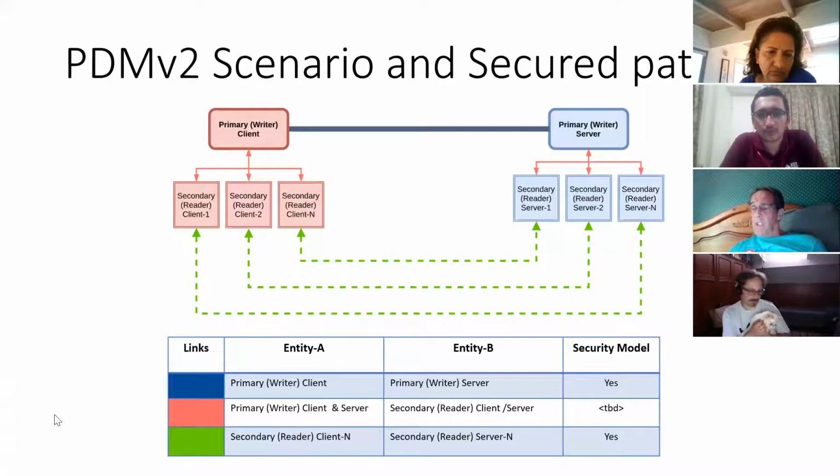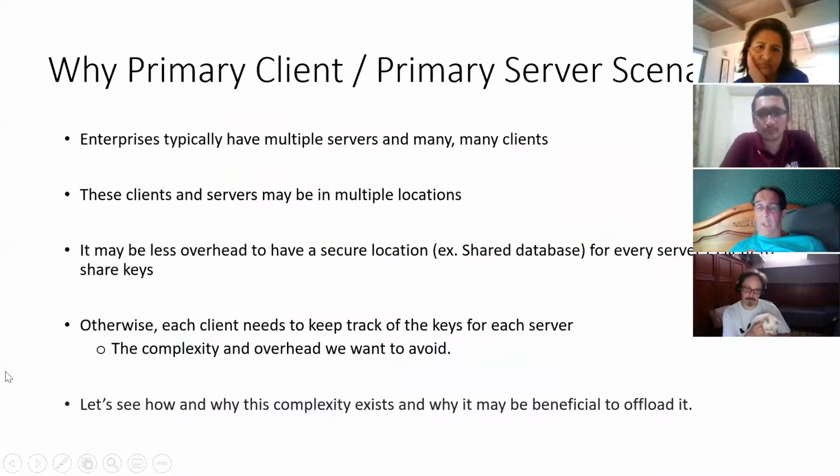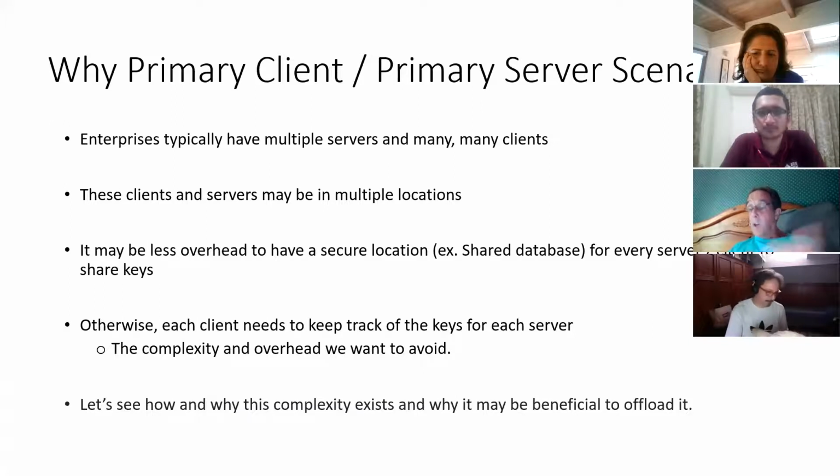Let's go on to the next slide, Nalini, if you would. And let's talk about why we would want to do all this. The answer is we have lots of clients and lots of servers, and they're in different locations. If we want them all to do this on their own, it could be a bit of an issue. So we want to do something to make that easier for us and for our devices.